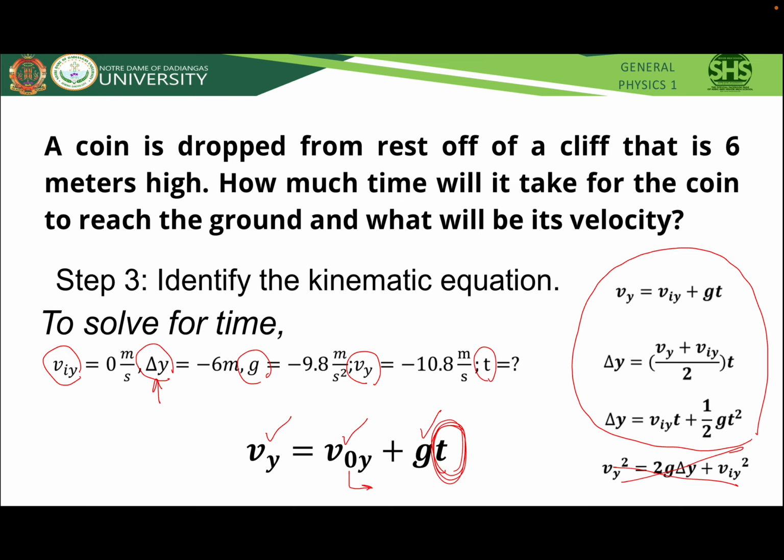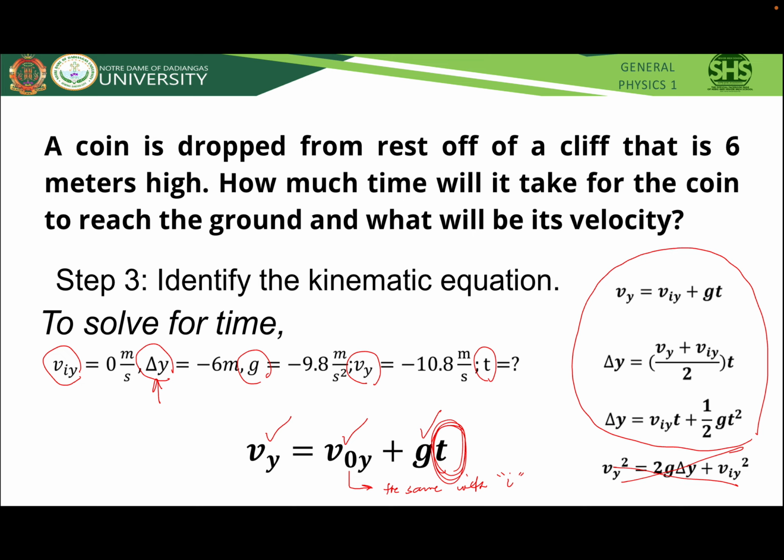Now, probably, you may be wondering saan nanggaling ito, ha? Itong 0 na to is just the same with yung parang symbol na I, meaning initial. Okay? Same lang yan. Ito kasi 0, meaning initial as well. Okay? Or from rest. Therefore, 0.